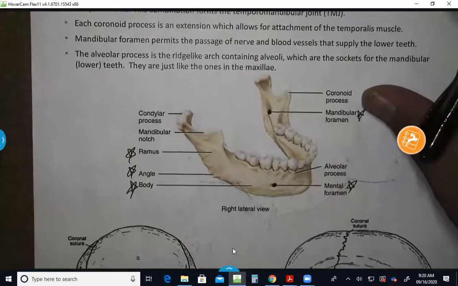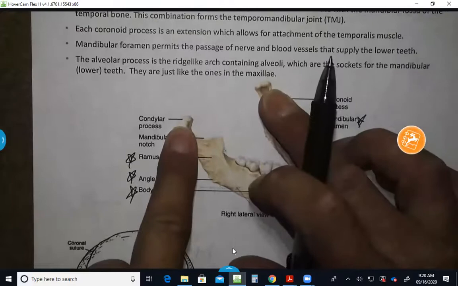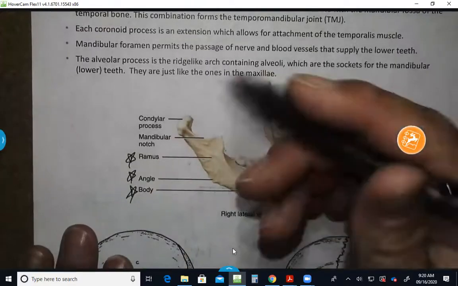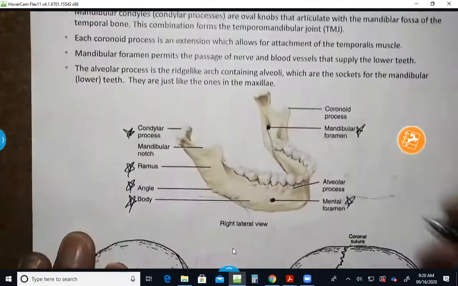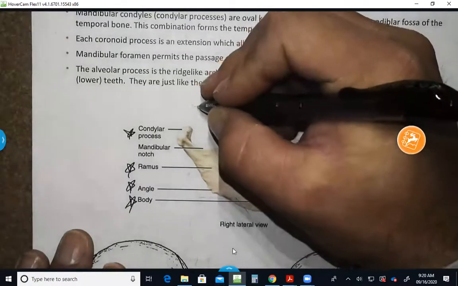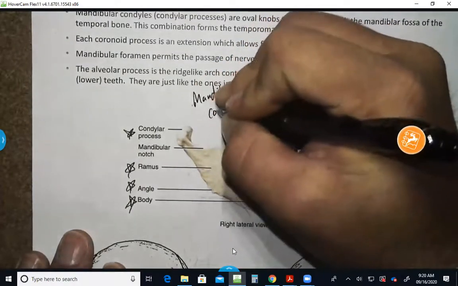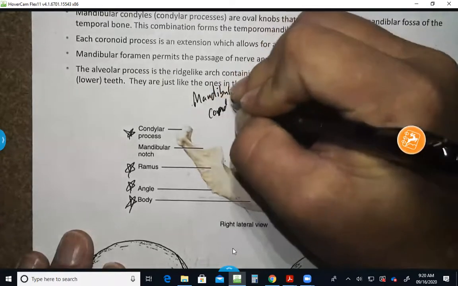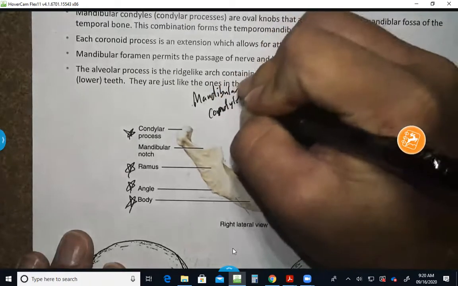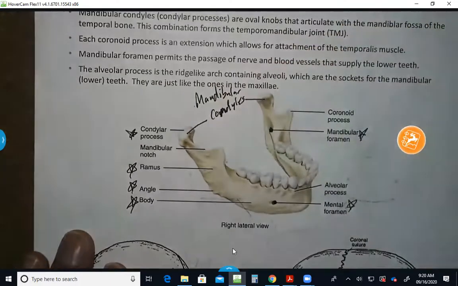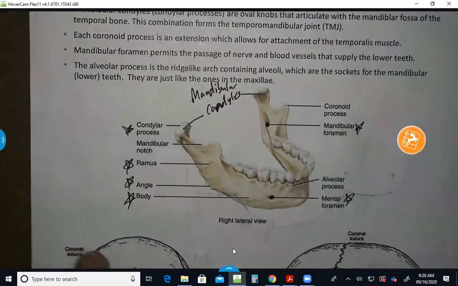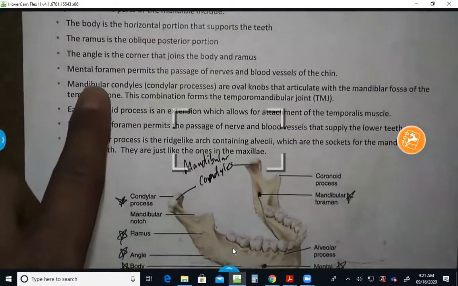Okay. Let's talk about these little knobs at the top of the ramus, what we call the mandibular condyles or condylar processes. I actually like the term mandibular condyles. Mandibular condyles, can't read my handwriting, is right there.